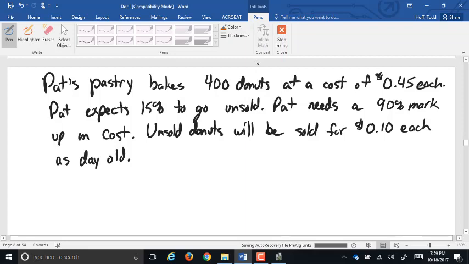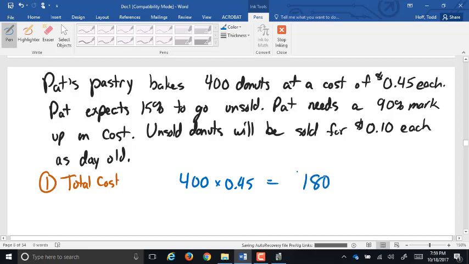This is going to change step 3 a little bit, perishable. But step 1 is exactly the same. Total cost. 400 donuts times 45 cents. 180 bucks. Total cost. Step 2 is unchanged. Find the markup.